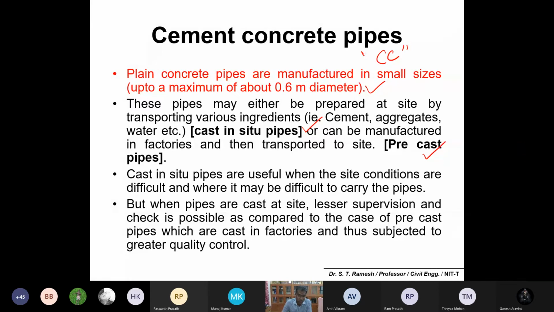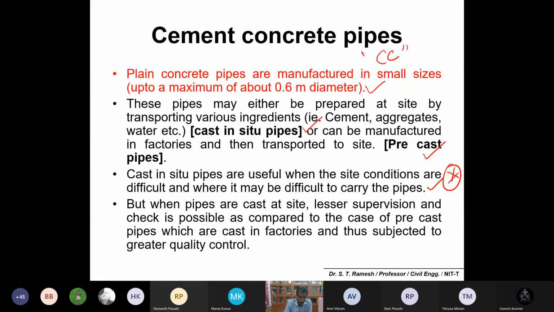These are the two different ways you can prepare CC pipes. Cast in situ pipes are useful when the site conditions are difficult and where it is difficult to carry the pipes. So that is where you can use the cast in situ mechanism, or where you can use precast pipes for your implementation.